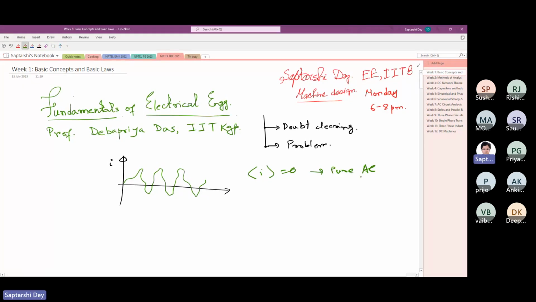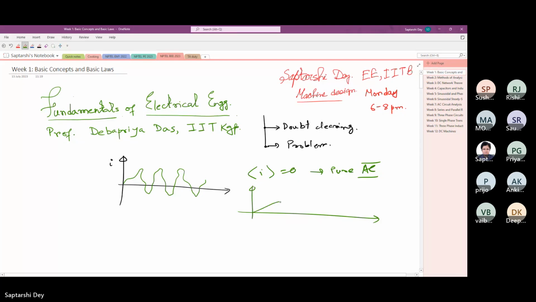But the supply that you get at your home is periodic, voltage and current. Sir, if the graph of current is only in the positive x-axis and it's like a hilly graph, is it okay?